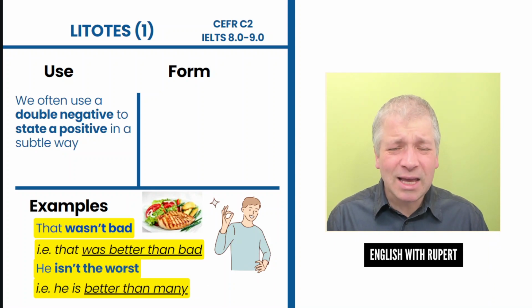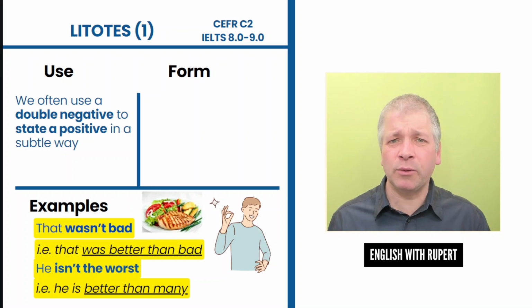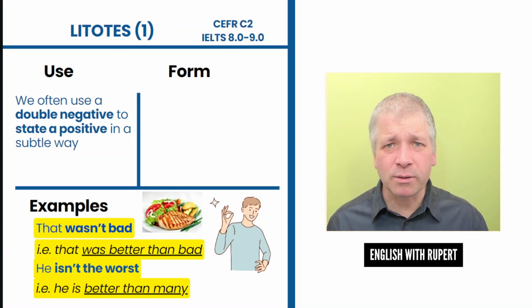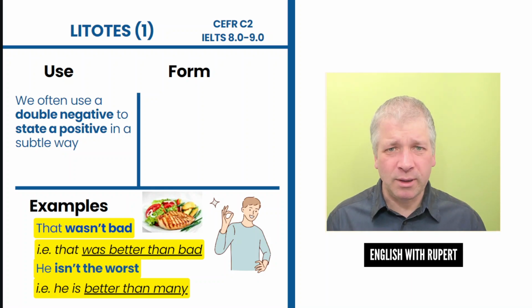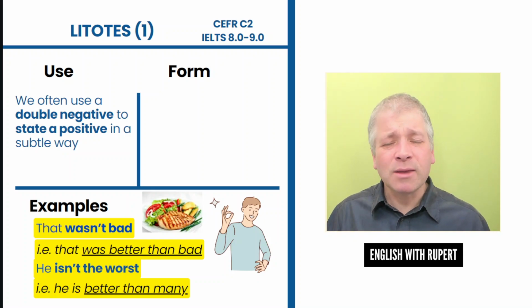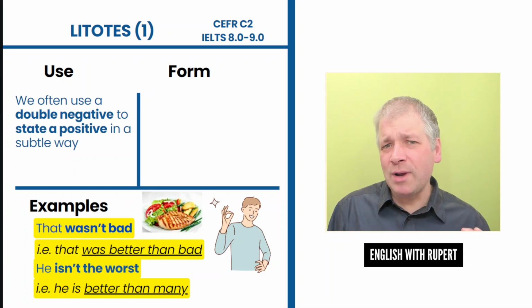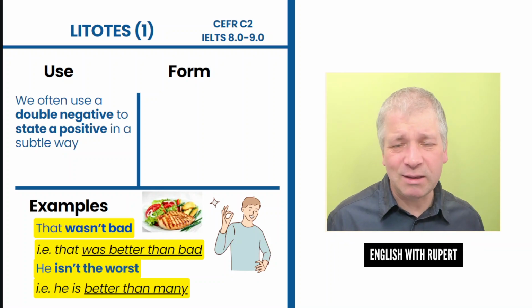It means he is actually better than many. So the two negatives actually result in the positive. He isn't the worst. We're not really talking about being the worst here. We're actually trying to say that he is better than many. We're actually using the two negatives to bring out a positive, and that's what LITOTES does.